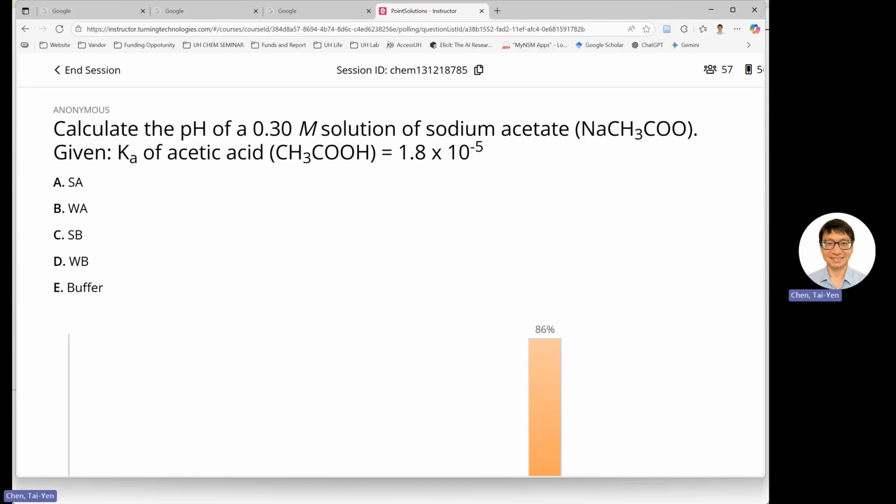Okay? So how do you know it's a weak base? We do this practice because I want you to see. I keep asking what kind of solution you have, and what is the species that was specified inside the question, right? So that's where you get started. And you see that what you have is CH3COONa, not CH3COOH, right? You need to know what you have.